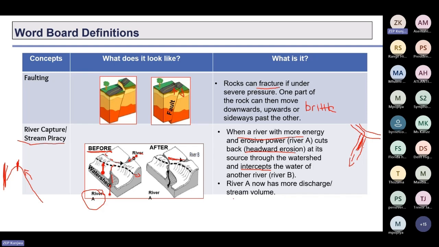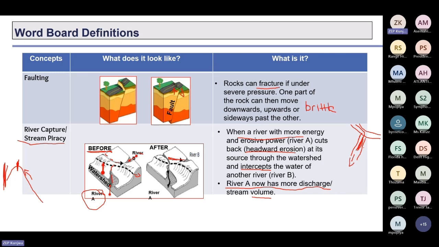Then what happens next is that River A is now going to have more discharge because the volume of the water has increased. Now, river discharge, as we discussed in the previous session, is the amount of water flowing in a river, or as some of your definitions say, available water.